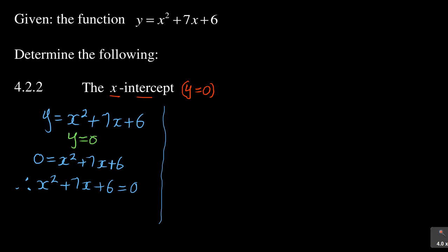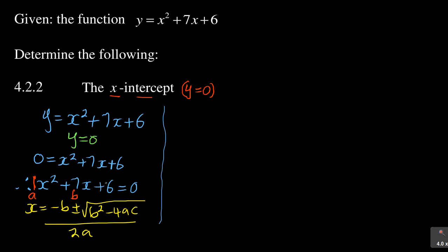So you write that equation: x is equal to minus b plus or minus the square root of b squared minus 4ac, all over 2a. Now you need to know what your a is. In this case, there is a number 1 there, so the number 1 is my a, then plus 7 is my b, and the plus 6 is my c.